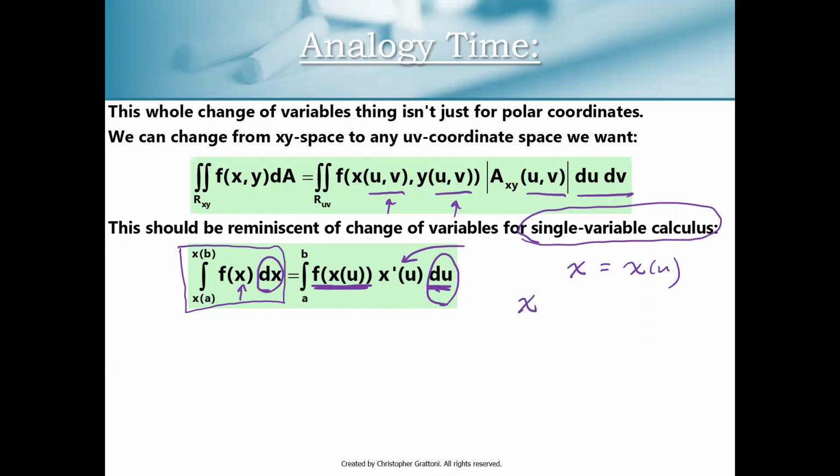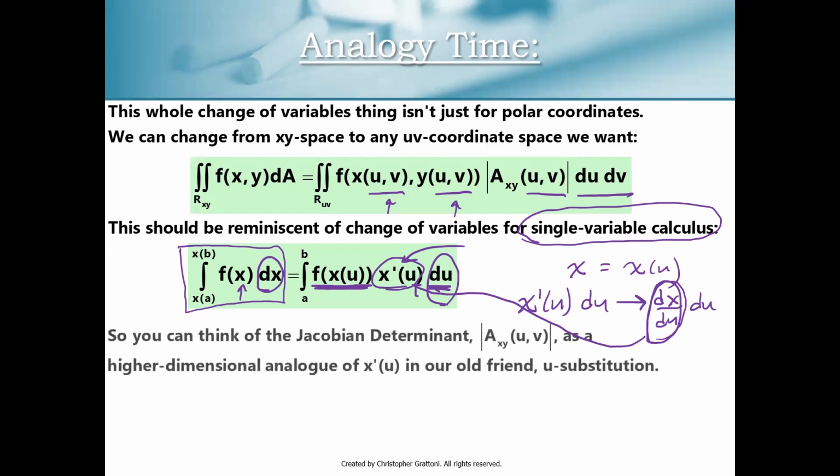Right here, you could see that I wrote x prime of u du, but if you think of that in a chain rule way of looking at it, that's going to be dx du du. So what we're accounting for is the rate at which x changes with respect to a change in u. And so we do have our version of an area conversion factor in a single variable calculus course.